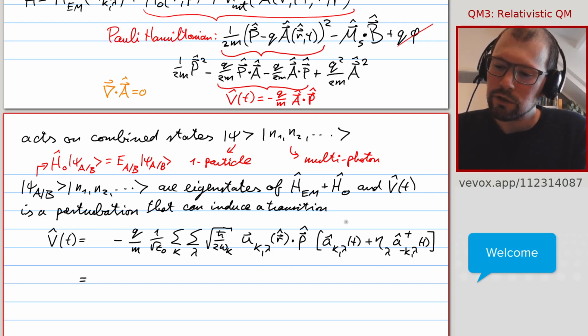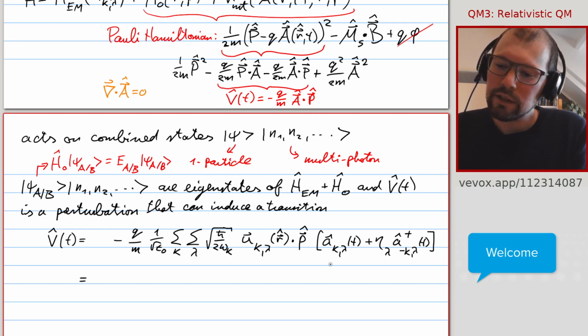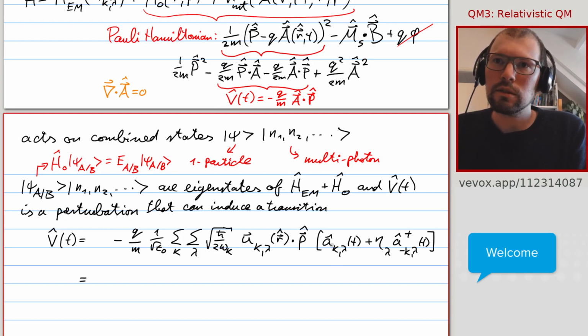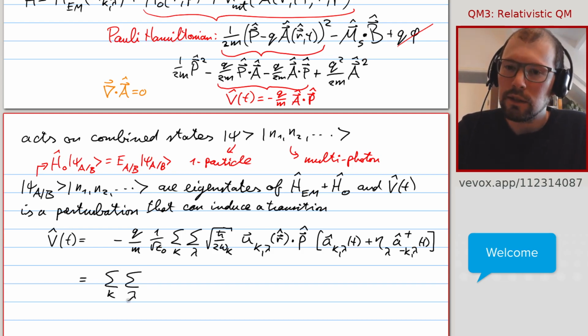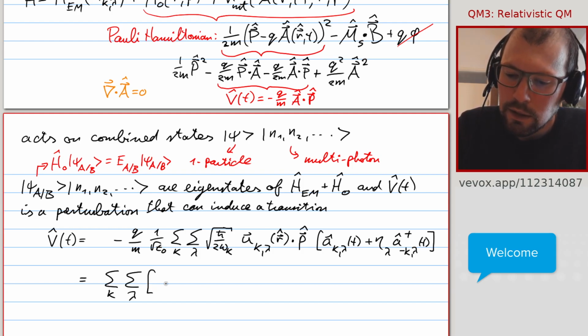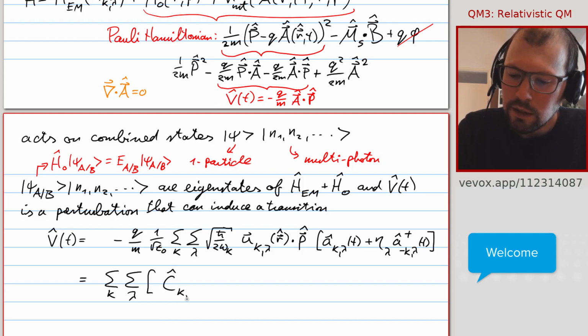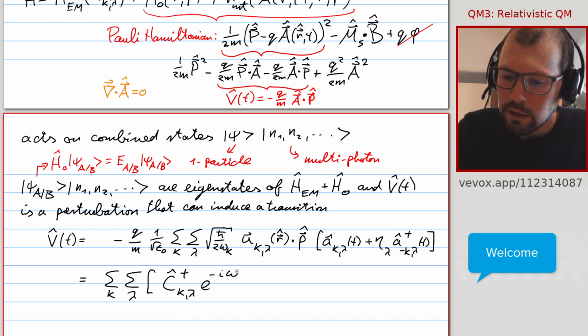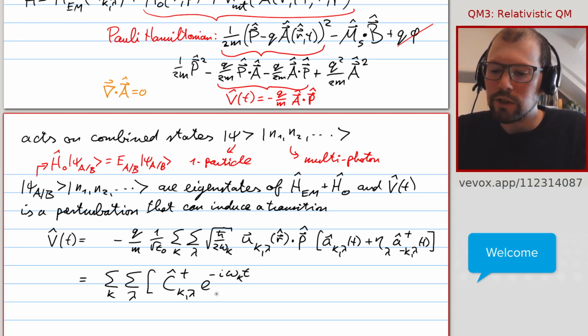Now it's actually useful to rewrite this operator slightly by extracting just the time dependence. So let's rewrite this as a sum over k, sum over lambda, then an operator C corresponding to the positive frequency mode.